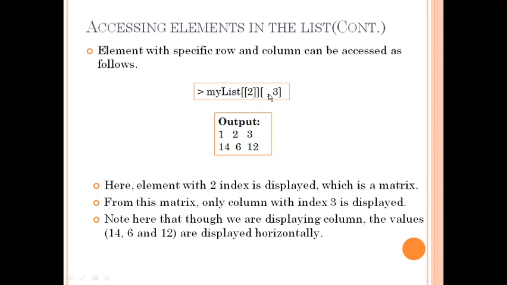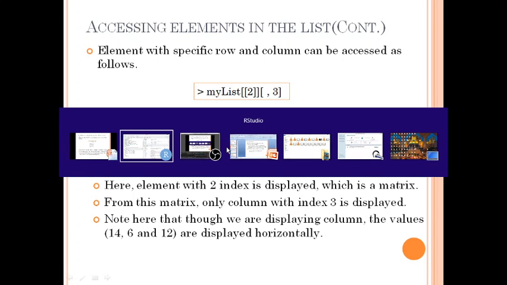See, the value is given after the comma, which means the column number is given, not the row number. We have seen this in a previous session on matrices. So this is the index of the element, and within that element, this is the index of the value which we want to access. So the second element of my list is a matrix, and in that matrix we are asking for the third column. Let us do it in RStudio.